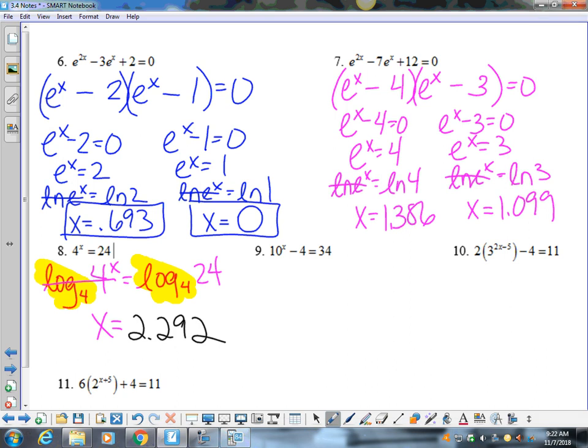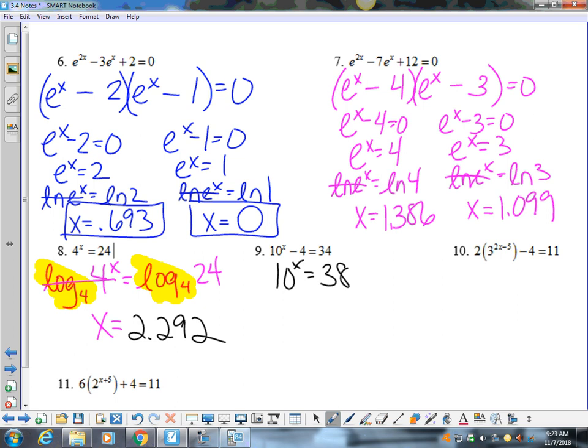All right, number 9. What do you want to do first? Add 4. What do you think a really common I have lost my mind mistake is on this problem right here? People divide by 10. Can you see it? Yeah, that's not 10 times x. That x is up in the exponent.